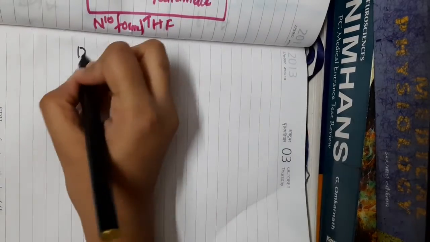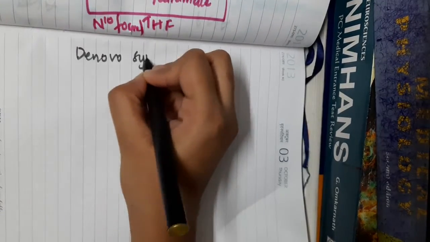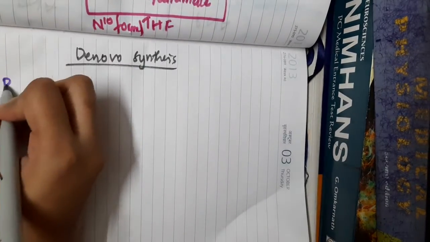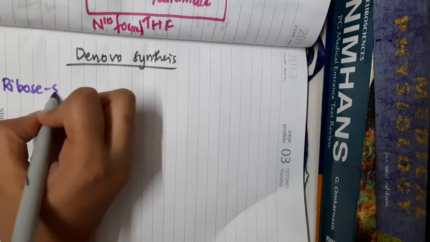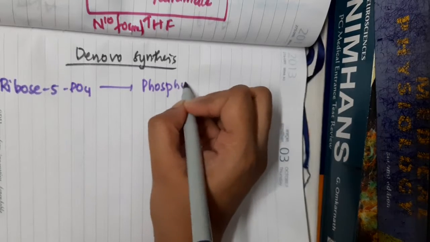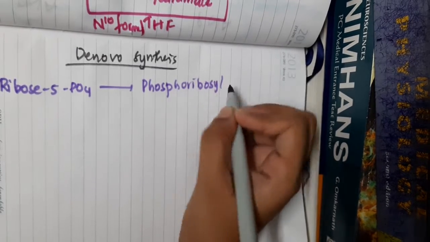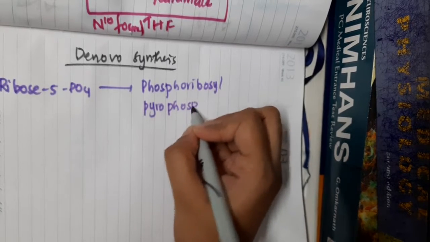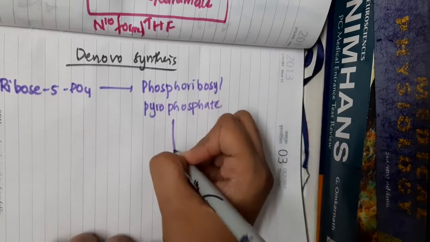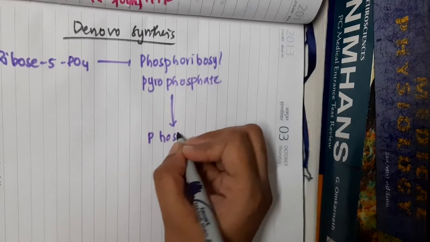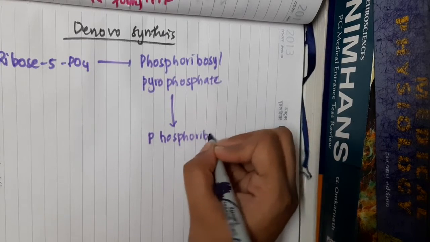So now let us learn first about the de novo synthesis. In the de novo synthesis, we have ribose 5-phosphate. This ribose 5-phosphate gets converted to phosphoribosyl pyrophosphate, which in the presence of the enzyme phosphoribosyl pyrophosphate glutamyl aminotransferase forms phosphoribosylamine.